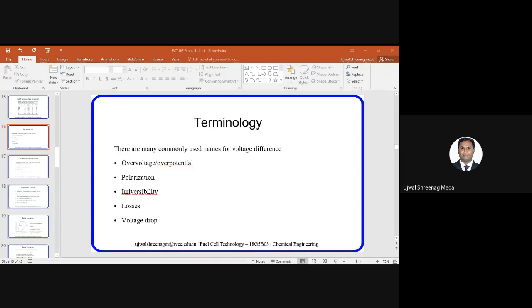Based on that voltage, there is a theoretical maximum voltage, or no loss voltage, or reversible open circuit voltage, and the actual voltage that we get to measure in a fuel cell. For known reasons, the actual voltage will definitely be less than the theoretical maximum voltage.